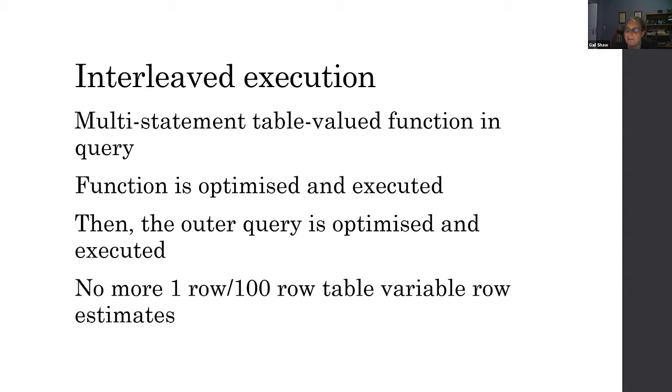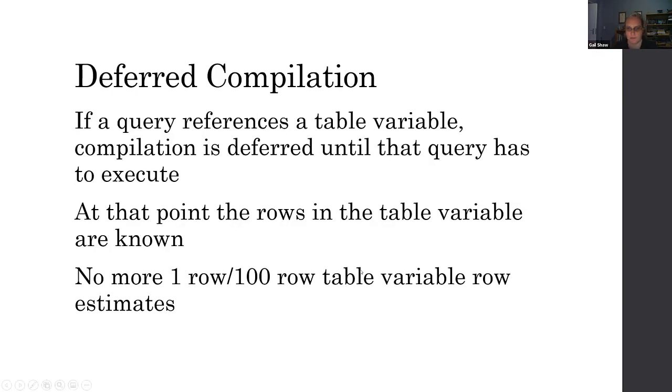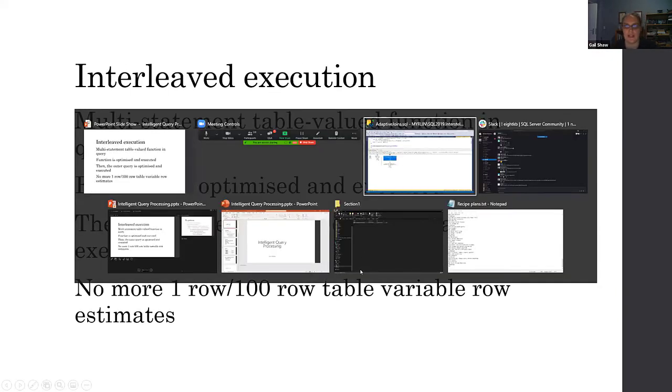Once the function is complete, the outer query is optimized. It hasn't got a plan yet. It now gets its plan. At this point, we know exactly how many rows were returned from that table-valued function because we've already run it. And so we can generate a plan based on the actual row count, not a 100-row estimate. So let's have a quick look at how that one works.